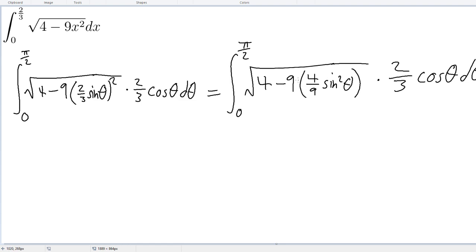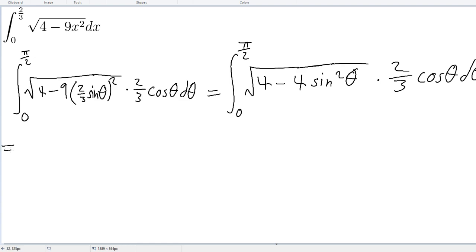Cool. And so now this cancels out. So that cancels out. So now I can just rewrite this. The 9 cancels out, so we're left with 4 sine square theta. So we can factor out the 4, right?